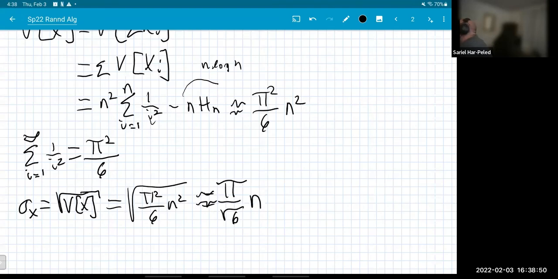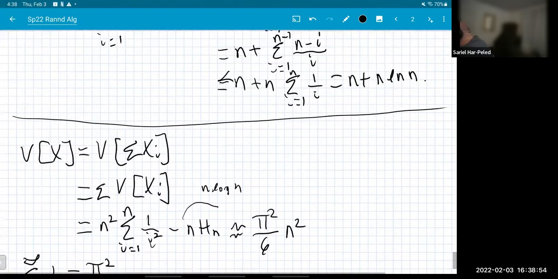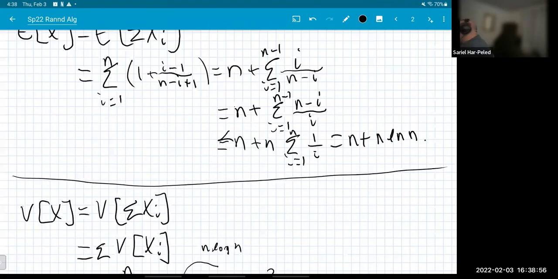Why is this interesting? Well, the number of rounds we needed was n log n in expectation. After n ln n steps, we collected all the coupons. And the standard deviation is n. It's smaller by more than an order of magnitude. It doesn't have the factor of log n.